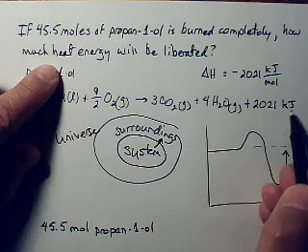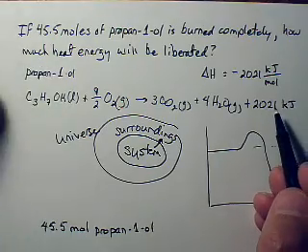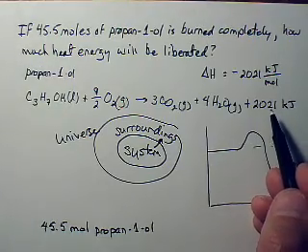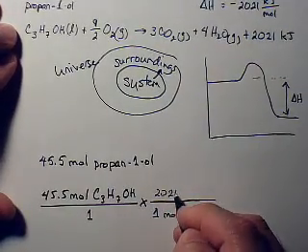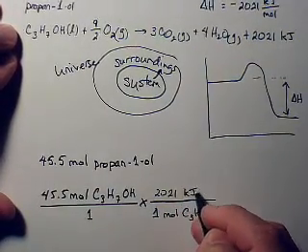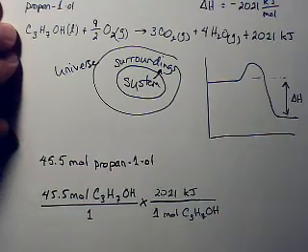And heat energy is measured in kilojoules, or any joules. Kilojoules just means 1,000 times a joule. Okay? So we get 2,021 kilojoules of energy out of this. Okay?